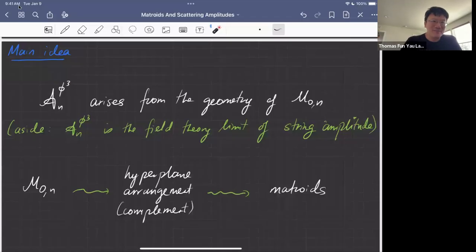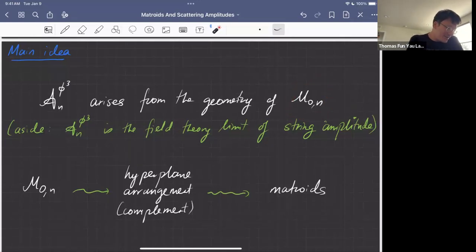But in some way it sort of does, in the sense that it's some kind of limit of a string theory amplitude. And of course, string theory is very closely tied to the geometry of various moduli spaces M_g,n for various genus. In string theory, you can look at genus 0, which is looking at M_0,n.